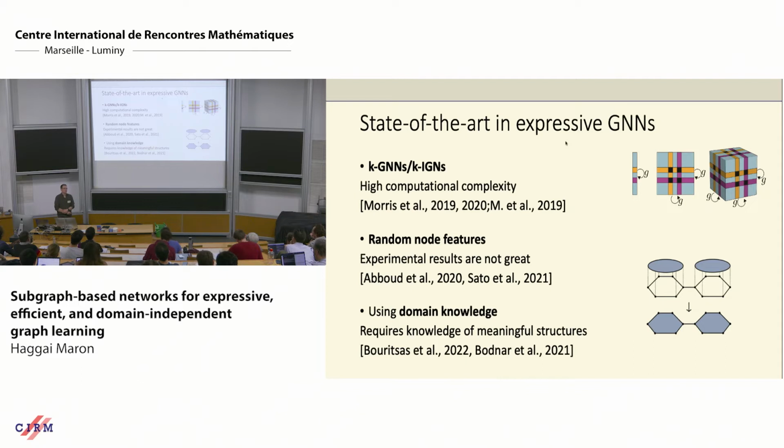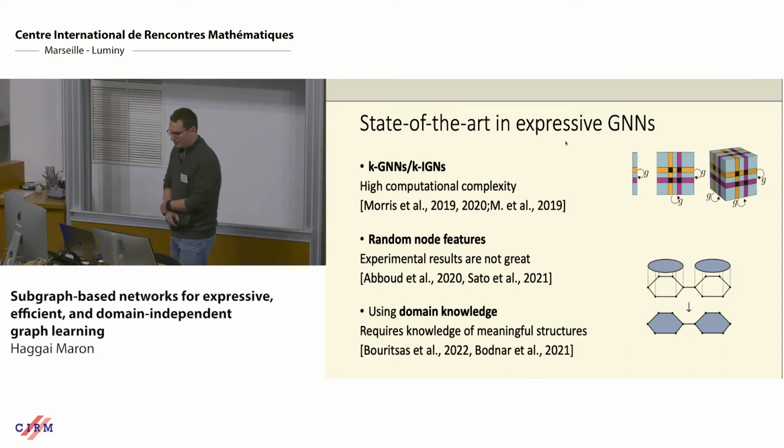And this turns out not to be practical for learning. It's a nice model for theoretical study, and we will use it. But this is not something that people actually use. So for example, no one implemented k-IGN for k bigger than 2, I think.